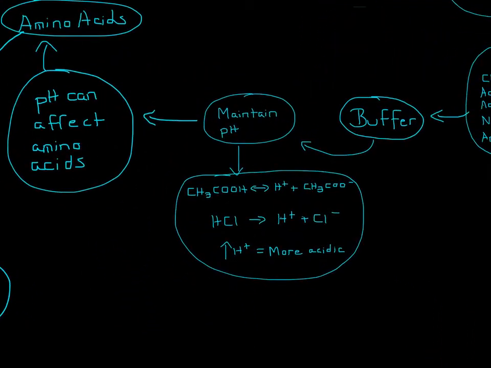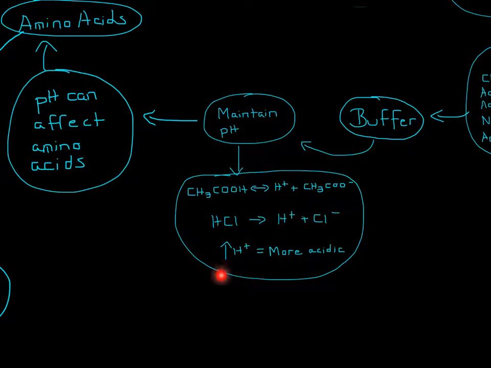So how does a buffer work? Well, if you have acetic acid, the one I showed you before, and protons and then acetate, and you add hydrochloric acid, one of the strong acids I just showed you, it will immediately ionize into protons and chloride minus. We know that when the pH decreases and becomes more acidic, that's when protons increase.